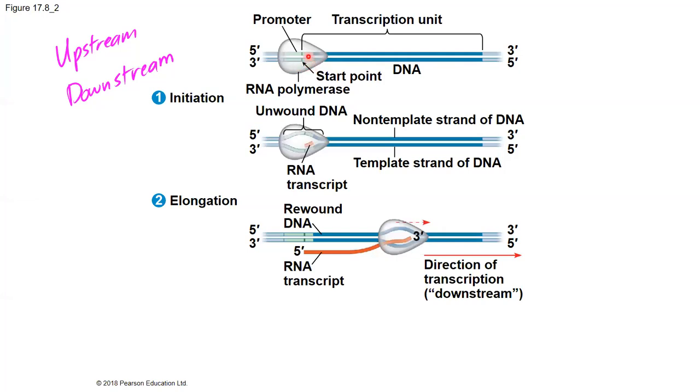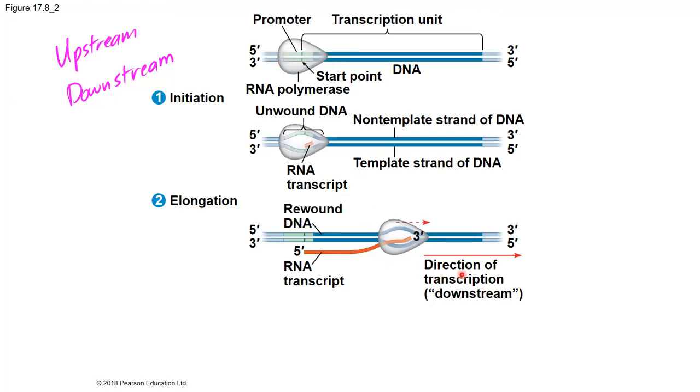For example, the promoter is upstream of the codons. We have something called the transcription unit. This is where transcription will start and where it will end. The transcription unit contains the DNA codons, or the triplet codes. So the promoter is before the codons. That's why we say that the promoter is upstream, before.